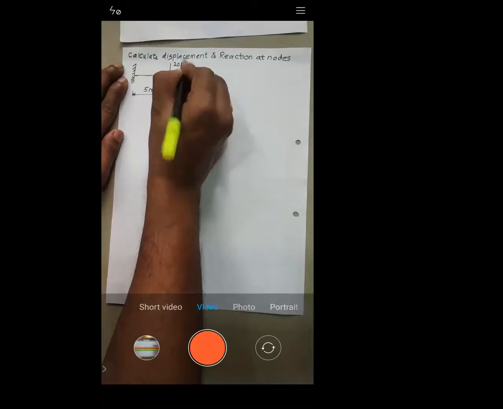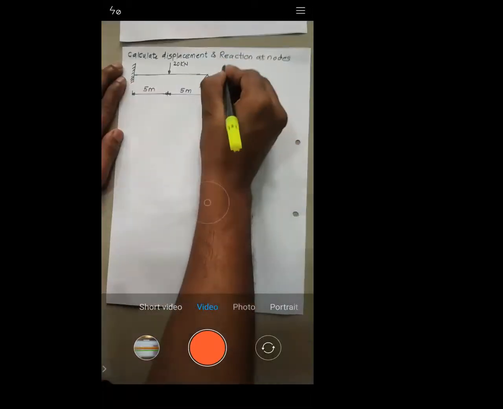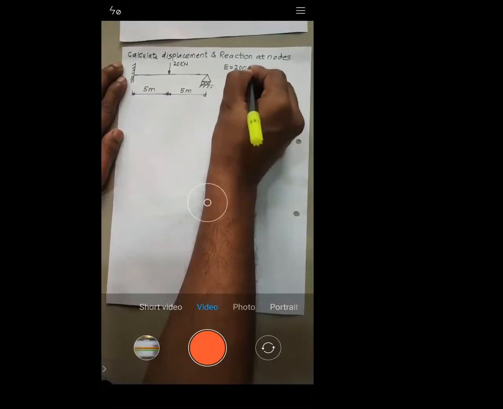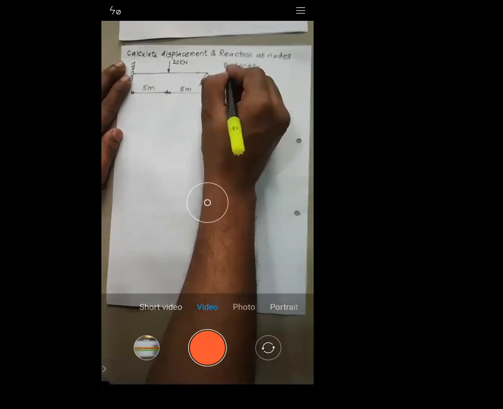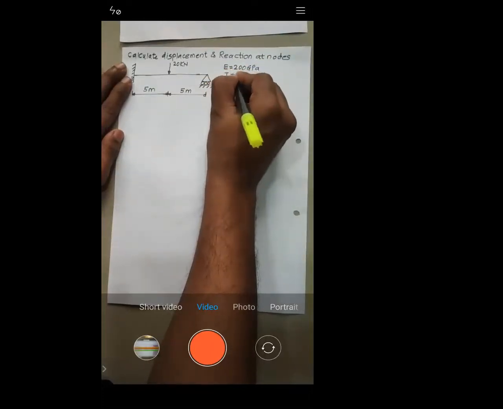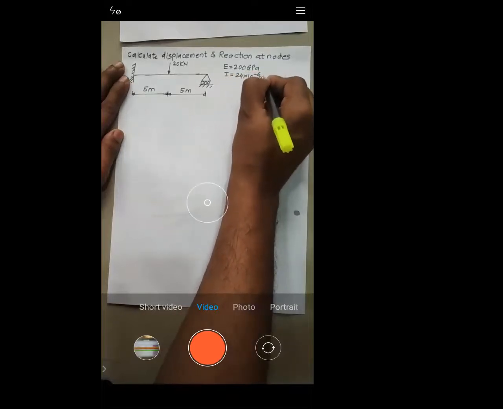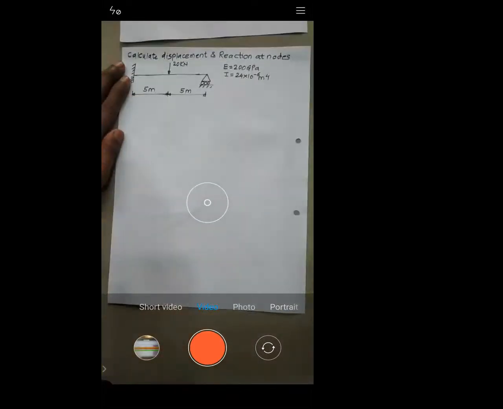This beam is made up of a material with value of E as 200 gigapascal, and value of I is given as 24 into 10 raised to power minus 6 meter raised to power 4. Value of I is given.